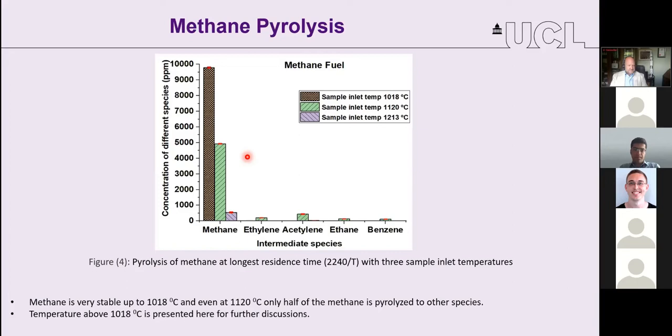However, when the temperature was increased to 1213 degrees, the conversion of methane was exponential, suggesting a higher pyrolytic rate. So with methane fuel, it is necessary to reach a temperature above 1018 to produce gaseous species like ethylene, acetylene, ethane, and benzene. And for methane, temperatures above 1018 are presented here for further discussion of its pyrolytic breakdown.